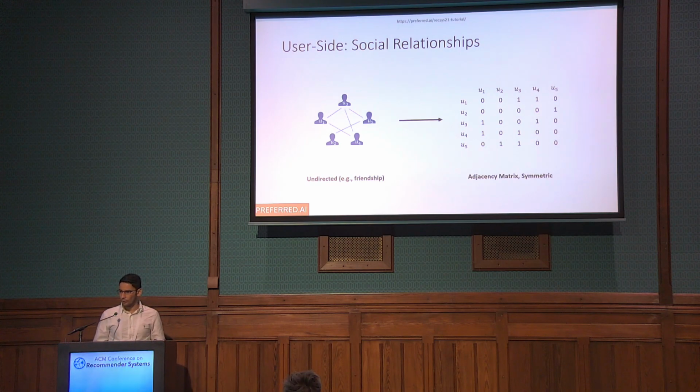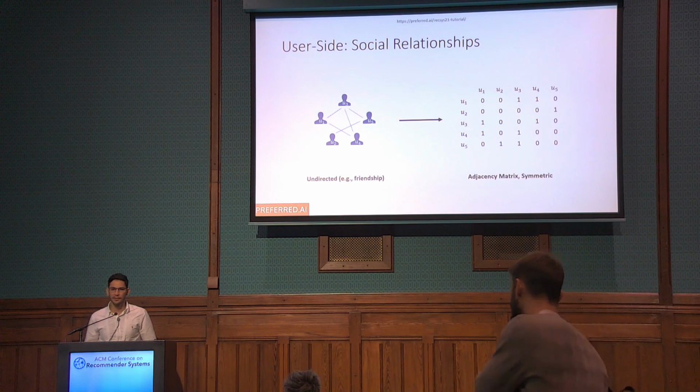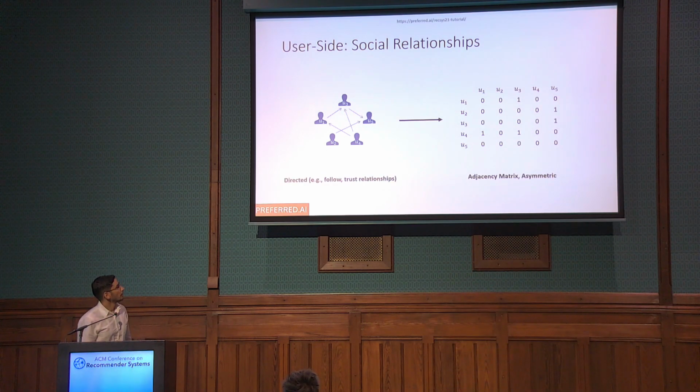And so the way we will be representing this information is in the form of an adjacency matrix. This is the most popular way for representing this type of interaction. You can also have directed interactions, such as trust, for example. And again, you may have an adjacency matrix to represent this information, but this time it will be asymmetric.